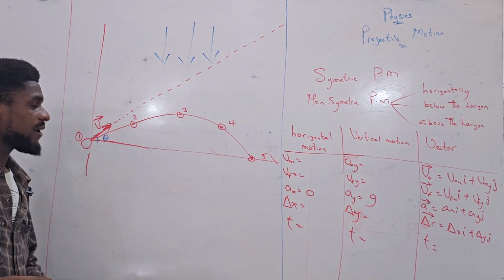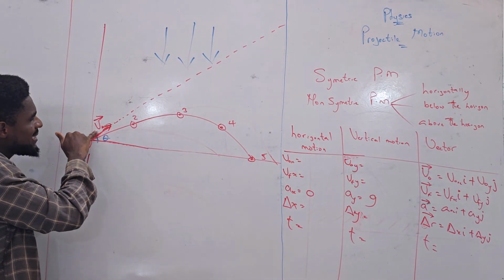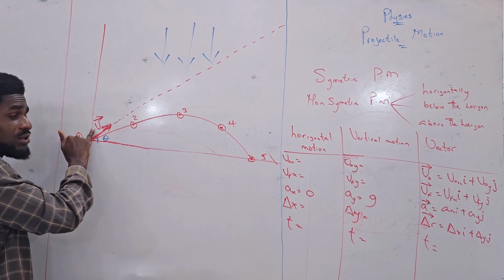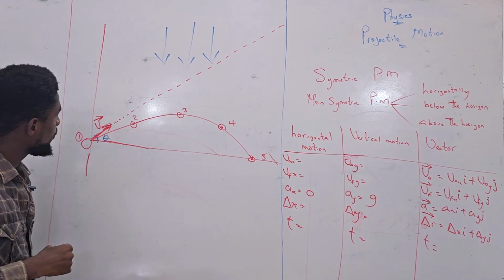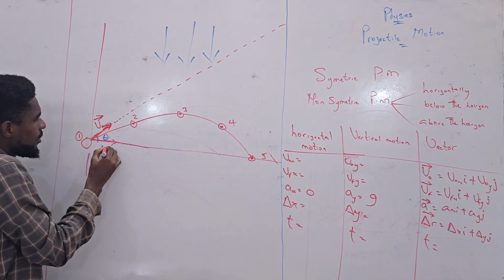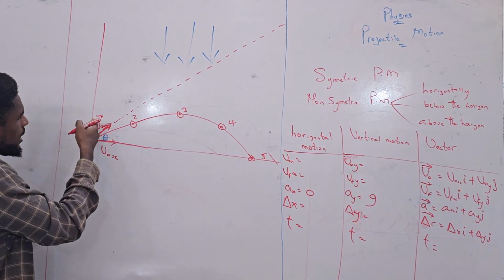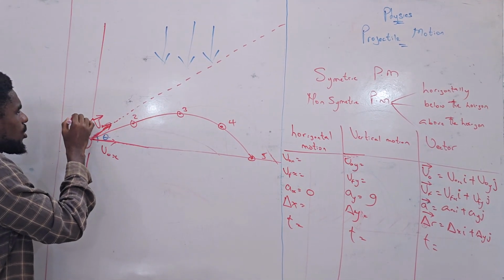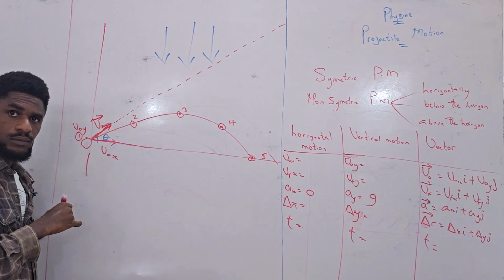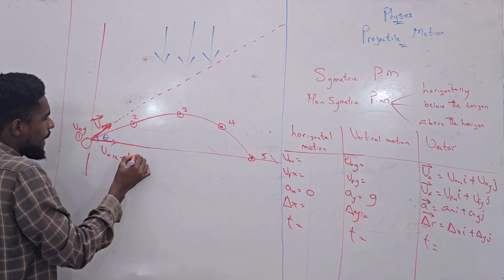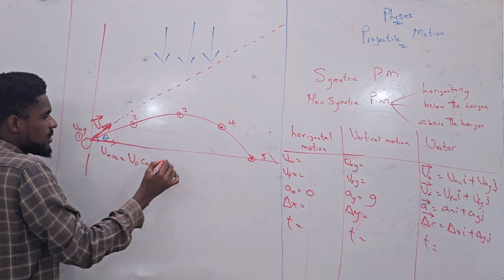Now from resolution of vectors, I know that I can resolve this vector into two components. The first one will be on the x-axis, V naught of x. The second one will be on the y-axis, V naught of y. This V naught of x, I can call V naught cos theta.